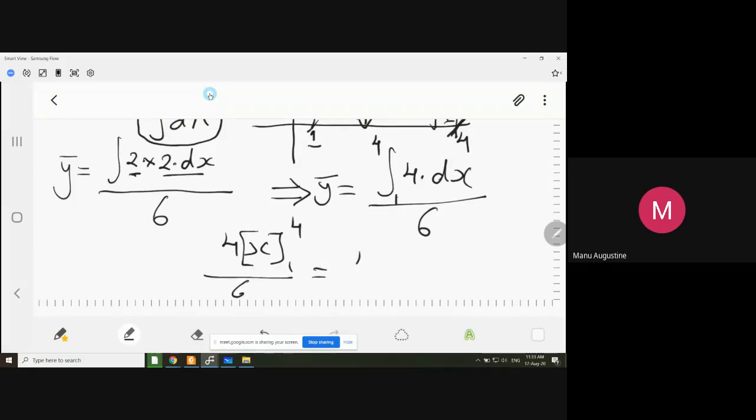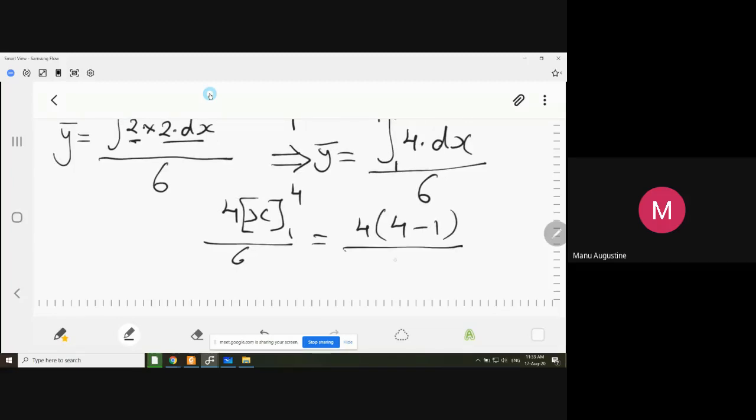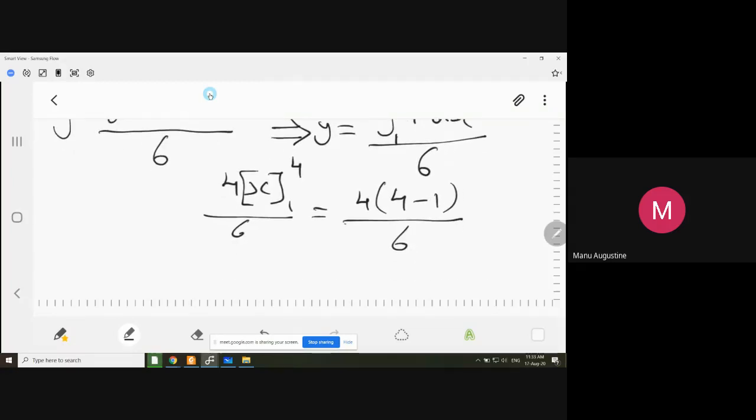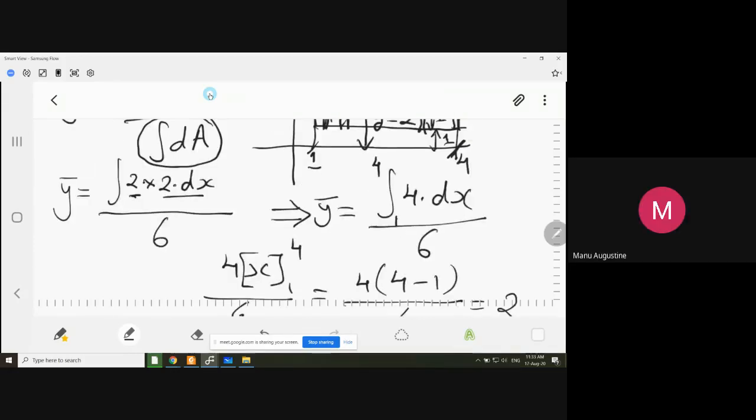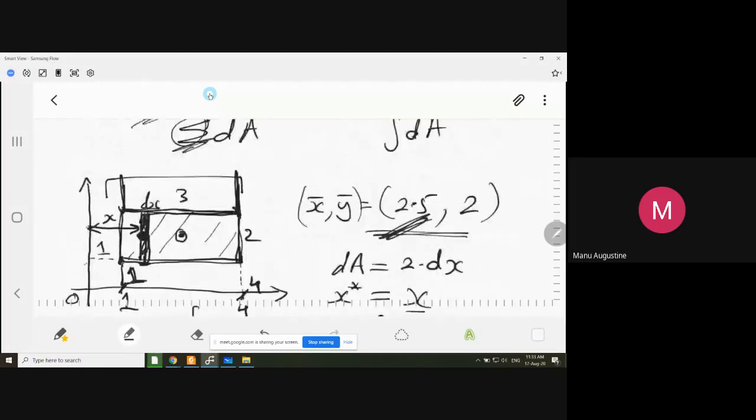So that means 4 multiplied by 4 minus 1 divided by 6, which is equal to 2. Do you get it? Yes, sir. And this is your answer. Y bar was equal to 2.